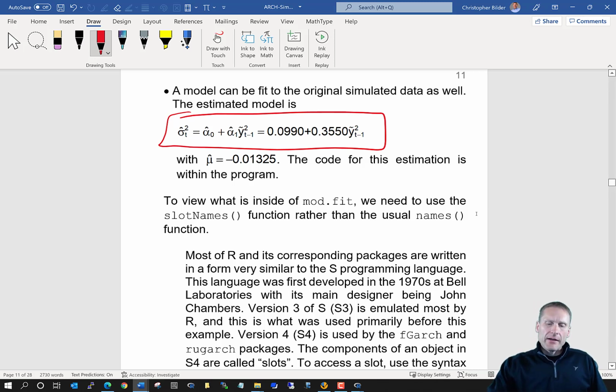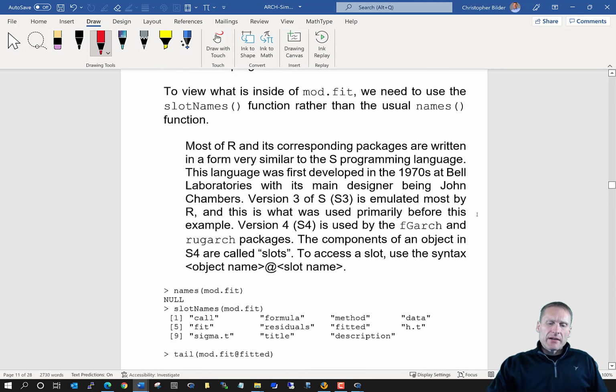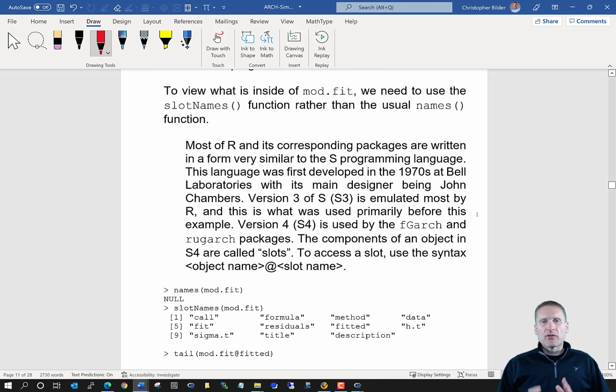Okay. Now let's look at how we can extract some information that's stored in mod.fit. Mod.fit is a list similar to what we've seen previously with other model fitting functions. But there's something different here than what we've seen in the past.